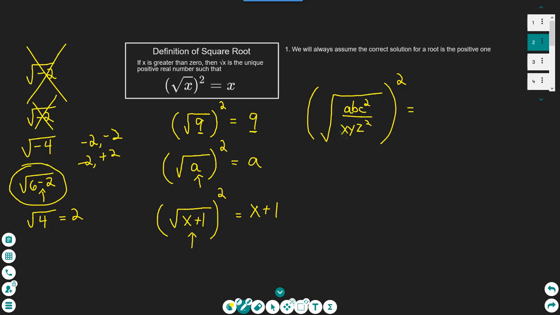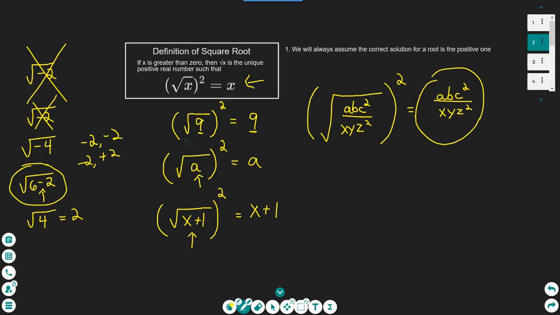But I don't have the square root anymore. The square root, in a sense, kind of disappears. We're just left with the ABC squared over XYZ squared. Notice the square root is gone. All right? And that is exactly what this definition is telling us up here.